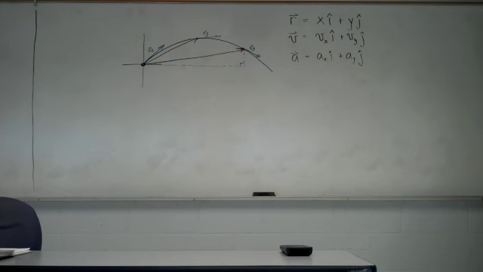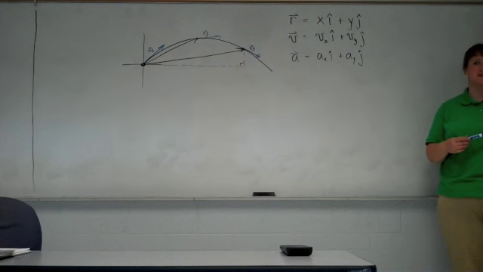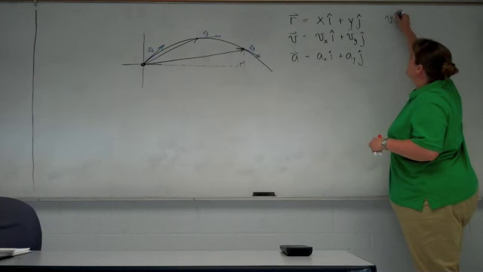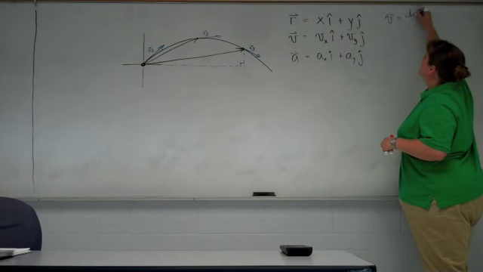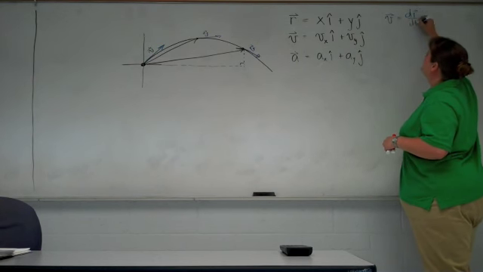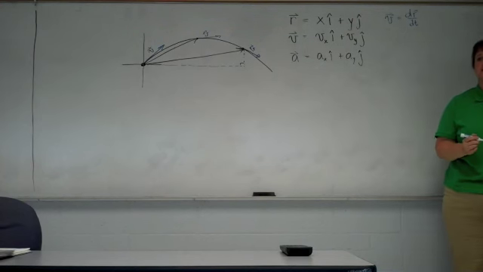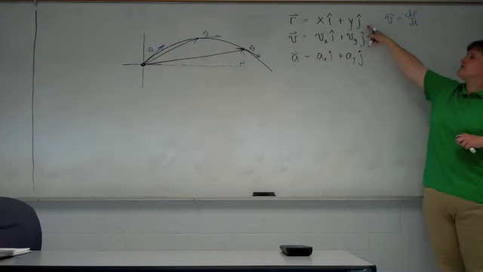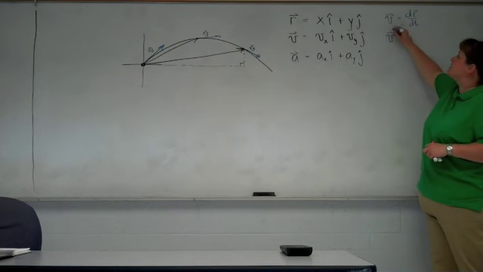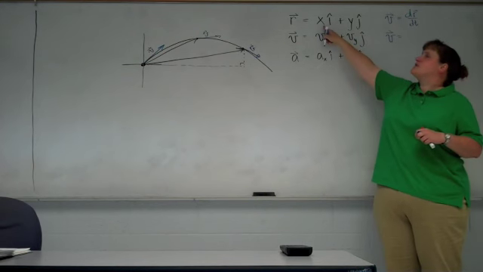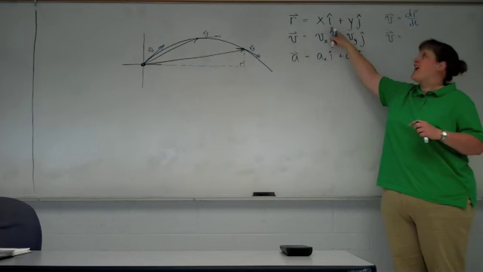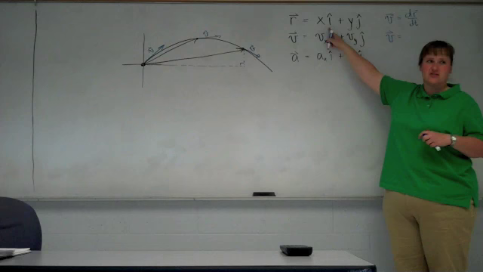Okay. The calculus relationships that we talked about are still perfectly valid. Velocity is still the derivative of the position with respect to time. That's absolutely true. Looking at our position function, the velocity will be the derivative of this first term. x is a variable, x is changing. i hat is not changing.